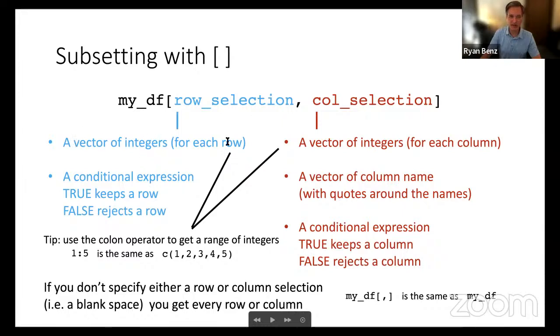You often don't use this too much in practice. You use these conditional expressions that we looked at before to make row selections. So again, I keep coming back to this example, but if you wanted to get peptides with a false discovery rate of less than 1%, you would make a conditional expression that asked that question, and then you would use that as a row selection in your data table to get those rows.